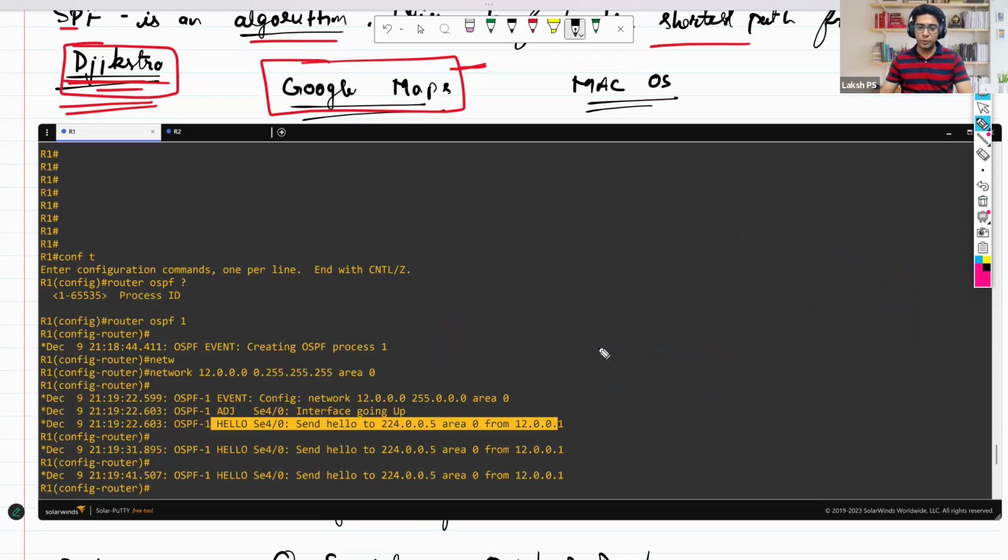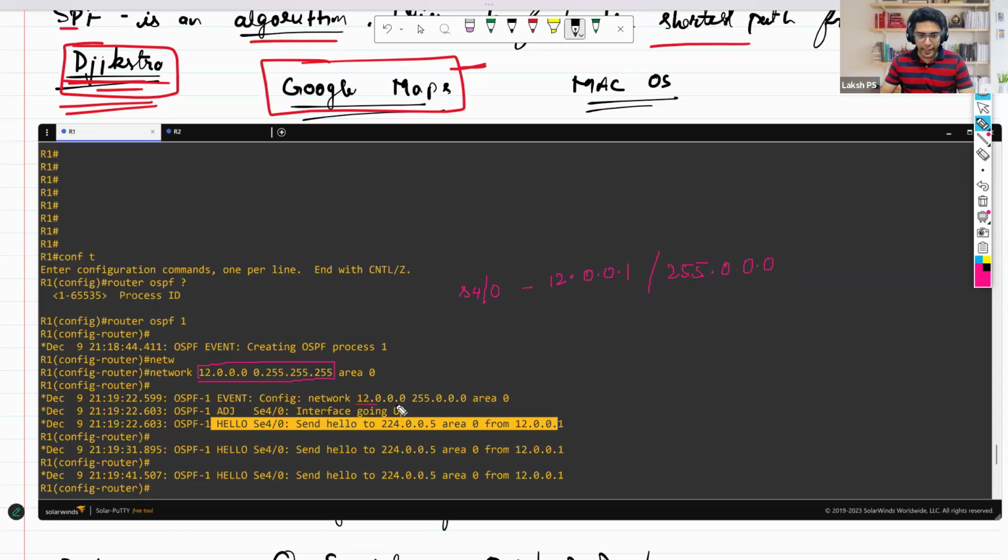So over here you can see the moment we gave the network command, it found out that serial 4/0 is the interface which has an IP address that starts with 12, and the address mask is 255.0.0.0.